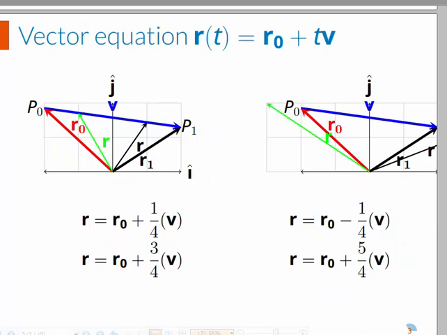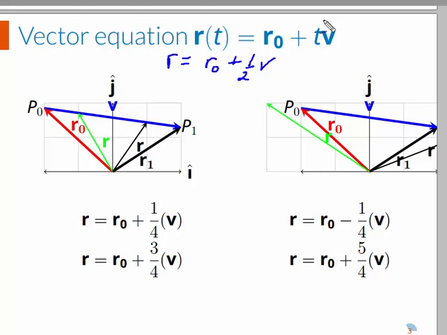On the previous page, I could have written that equation for r as r0 plus 1/2 v, because it pointed to the midpoint between P0 and P1, just like the m for the coordinate-free case pointed to the midpoint between the tips of the vectors a and b.